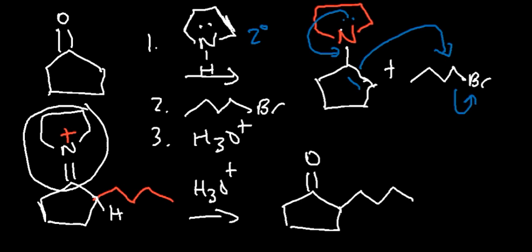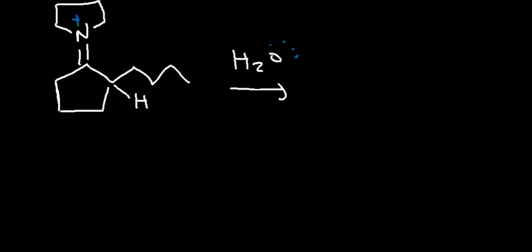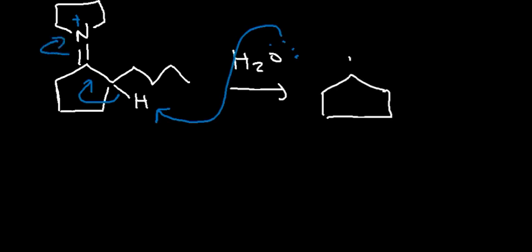But let's say we didn't use H3O+. Let's say we use water instead. Water could grab this alpha hydrogen, forming the double bond, and we can regenerate the enamine if we want to.